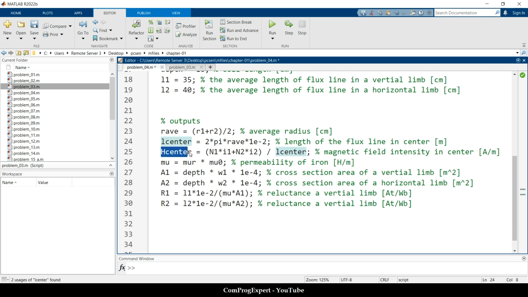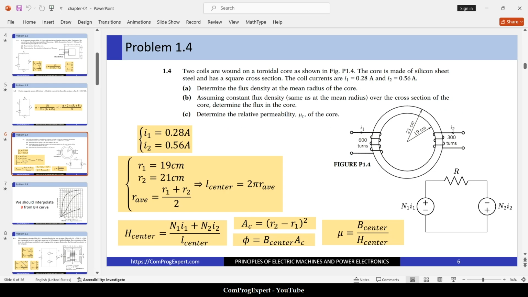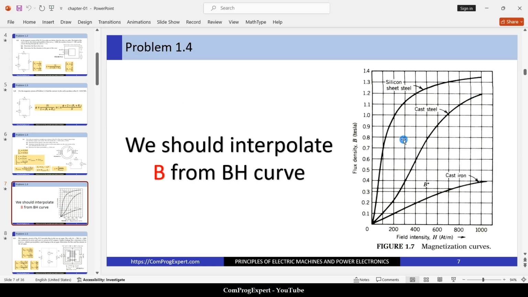When we calculate H, we should use interpolation to calculate the value of the B. But we need to have XY data of this graph if we are going to calculate it in MATLAB. We can use one-dimensional interpolation. So we will discuss.